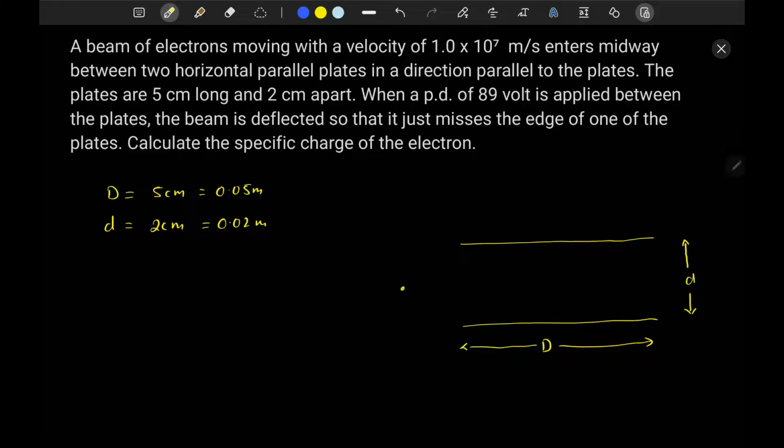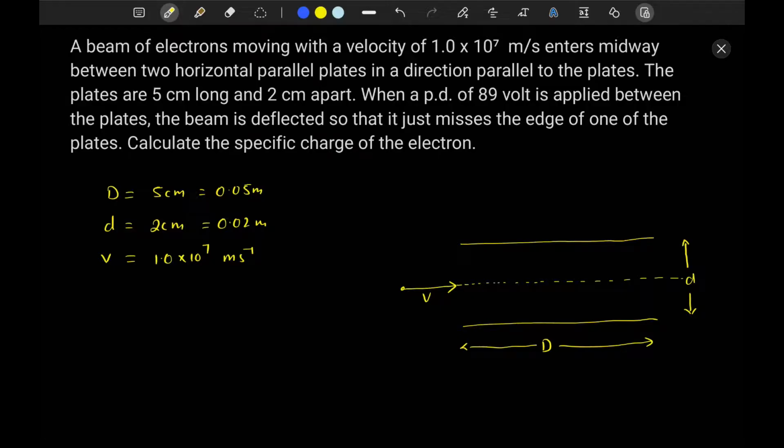The electron enters between these two plates with velocity 1.0 into 10 power 7 meter per second. According to the question, the electron enters midway, and the dotted line gives the path if there is no electric field between the two plates.